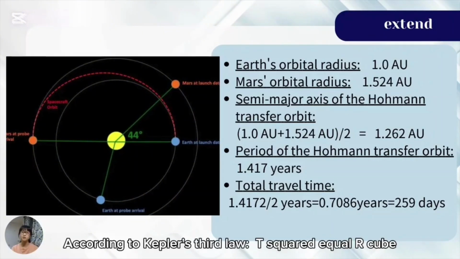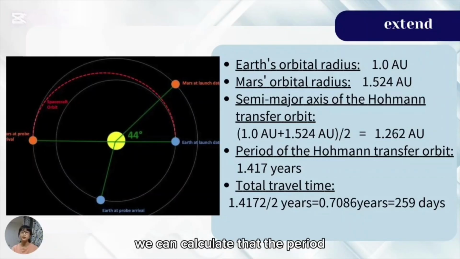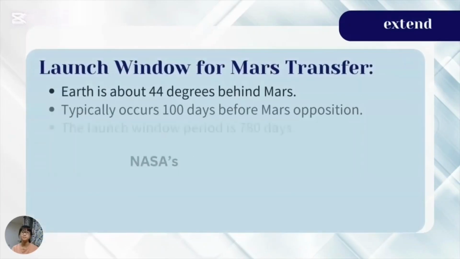According to Kepler's third law, T squared equals r cubed. We can calculate the period of the elliptical orbit to be 1.417 years. Since the spacecraft only needs to travel half of the elliptical orbit, the actual flight time is 259 days.